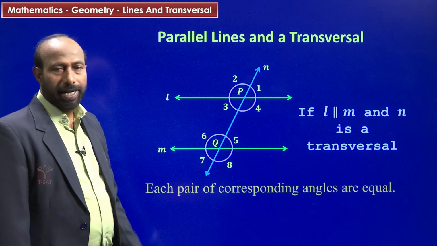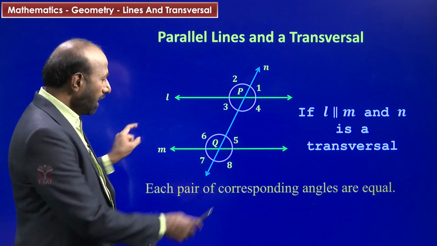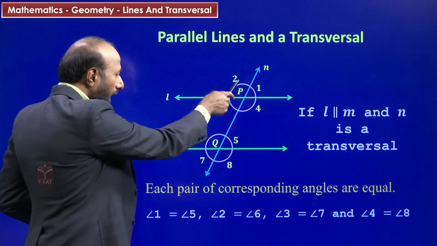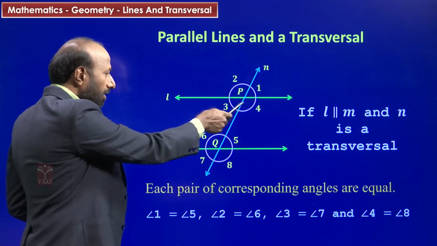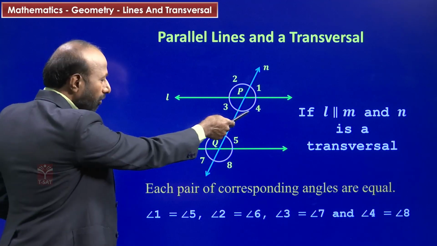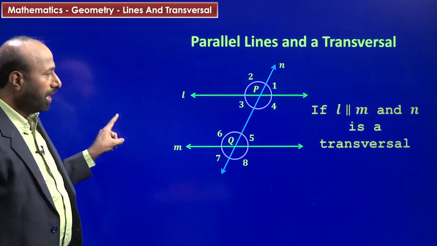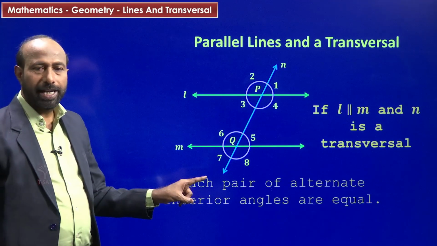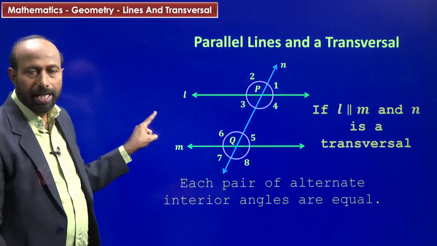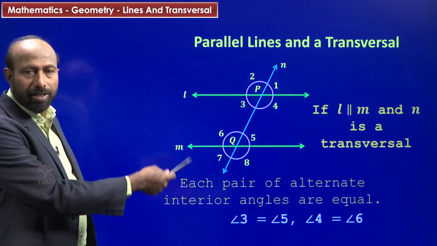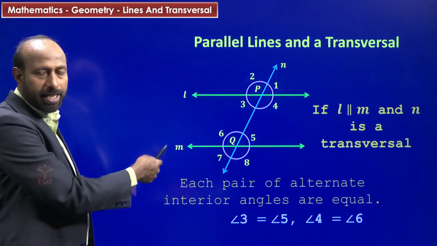Each pair of corresponding angles is equal, that is angle 1 is equal to angle 5, angle 2 is equal to angle 6, angle 3 is equal to angle 7 and angle 4 is equal to angle 8. And each pair of alternate interior angles is equal, that is angle 3 is equal to angle 5 and angle 4 is equal to angle 6.